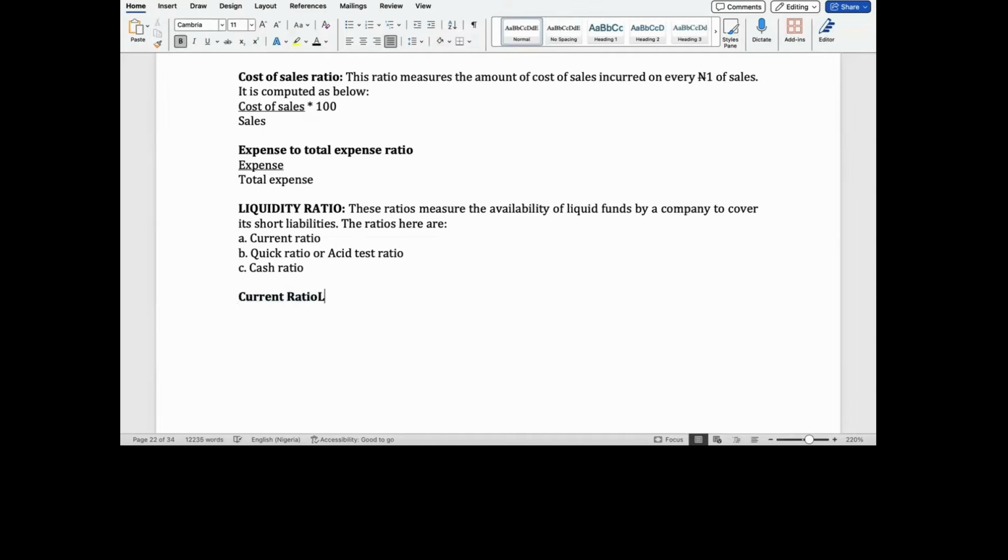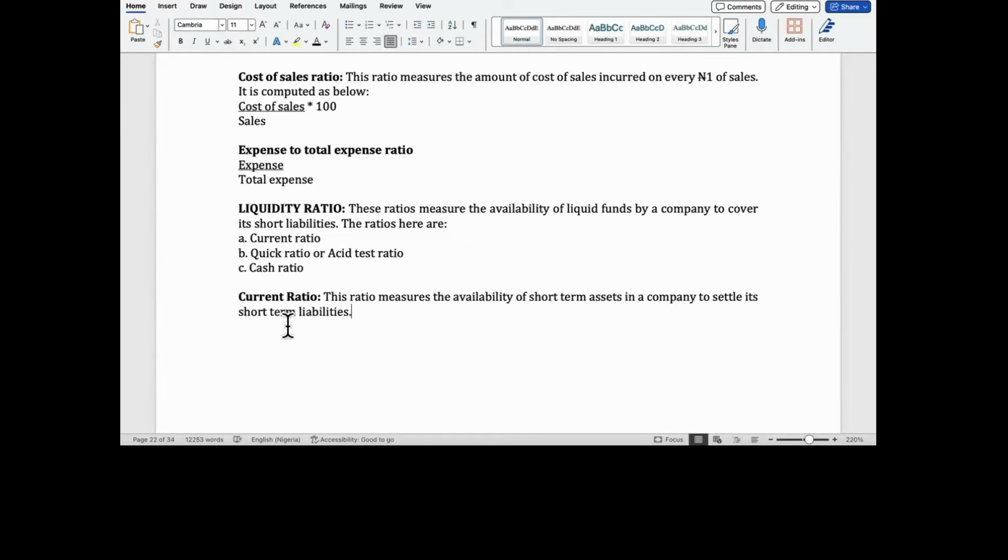For the current ratio, this ratio measures the ability or availability of short-term assets in a company to settle its short-term liabilities.